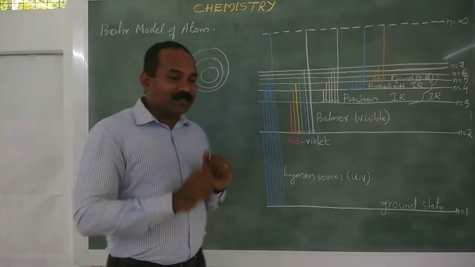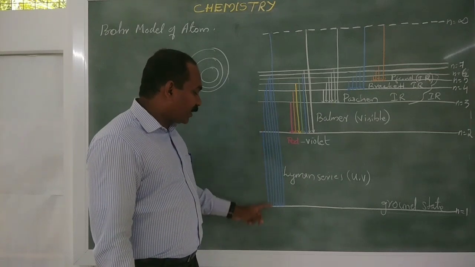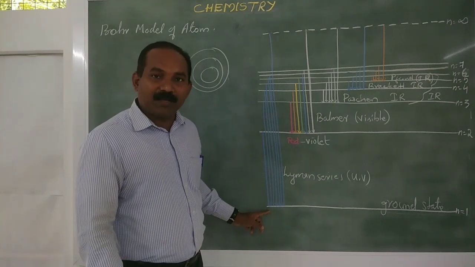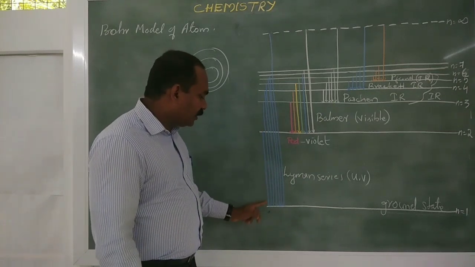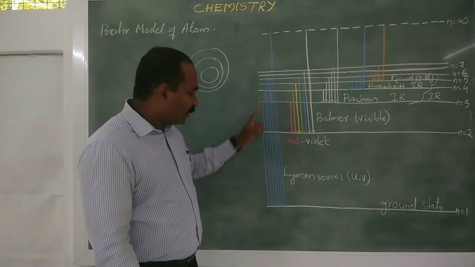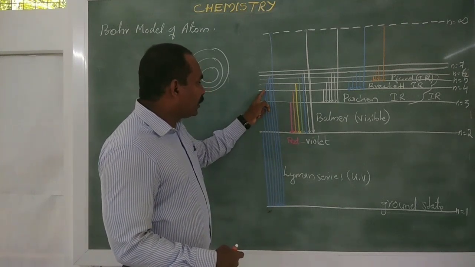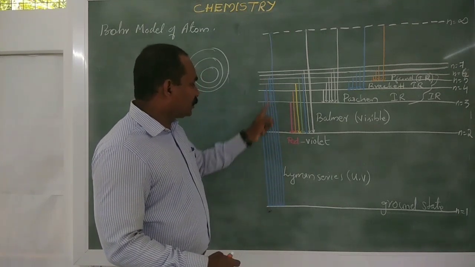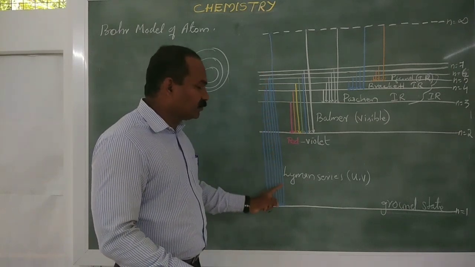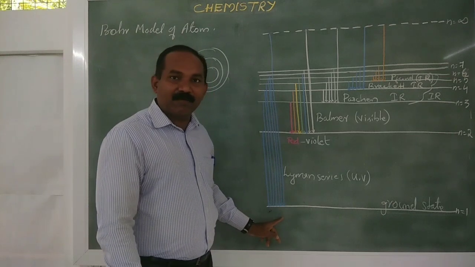Let's look at this picture. If the electron present in the second level comes back into the first level or ground state, one line is obtained. And if the electron from the third level comes back into the first level, another line is obtained. Likewise fourth to first, fifth to first, and infinity to first level.